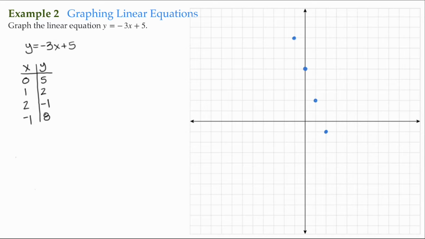So all we really need to do is then find what x is when y is 0. So when y is 0, we have 0 is equal to negative 3x plus 5. So let's get rid of these other points here, because after all, you only need 2 points to make the line. If we can just get one more point where it goes through the x-axis here.